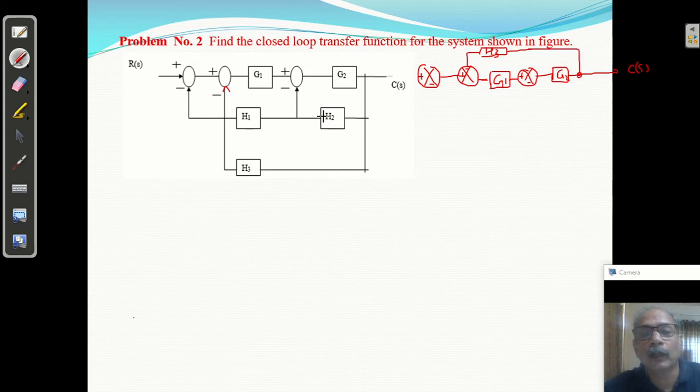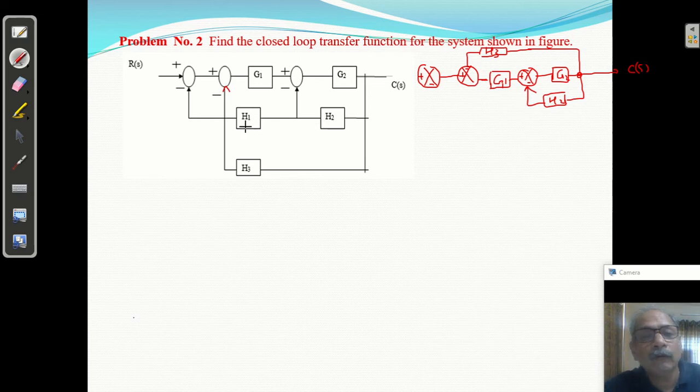This is the take-off point, this take-off point H3. This is G1. Now the feedback for here is H2, from here only. This is the feedback H2.